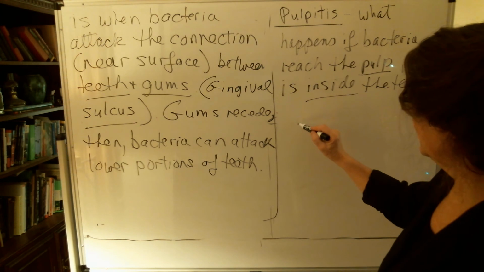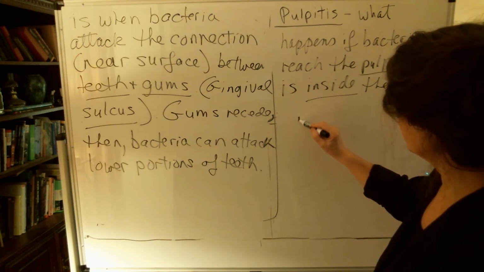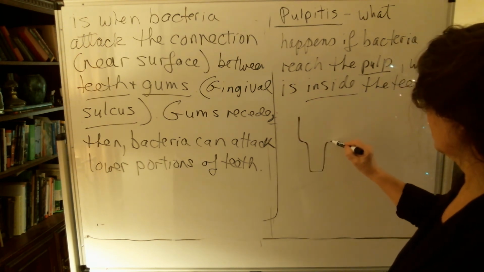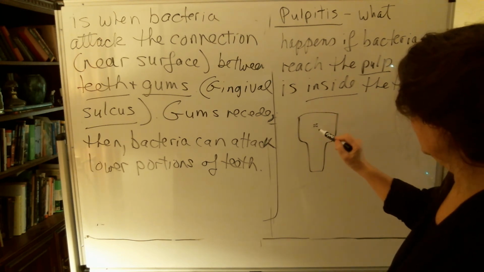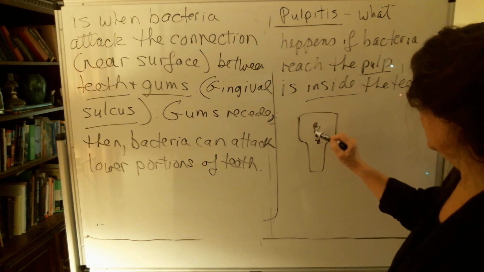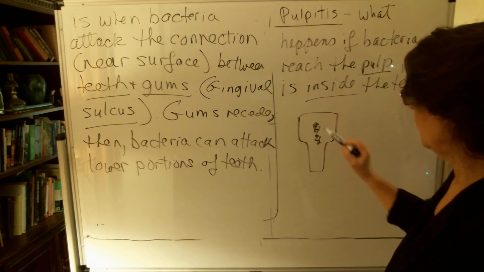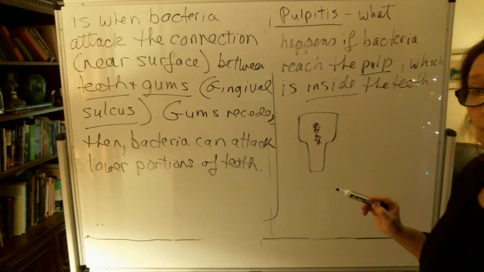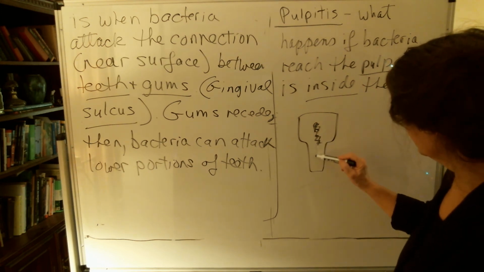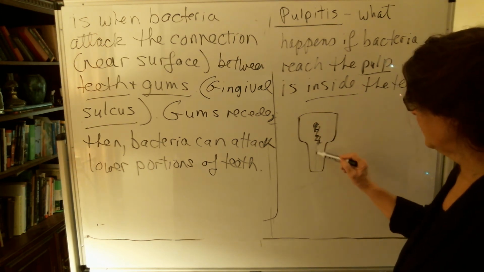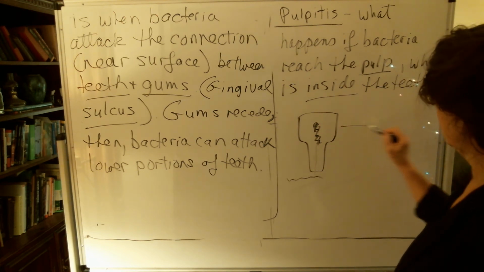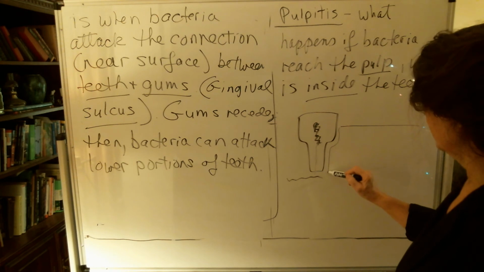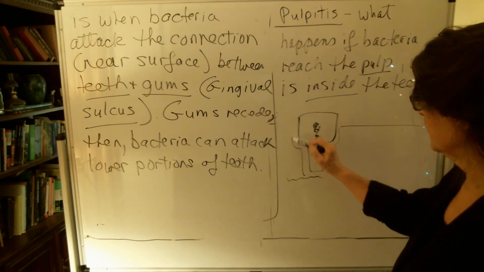Basically, when you have a tooth, say like this, inside the tooth, you're going to have the hard enamel all around it. You're going to have pulp down in the middle, you're going to wind up having some blood vessels and nerves that then connect up in the gum. You know, here's your gum here. You get the idea.